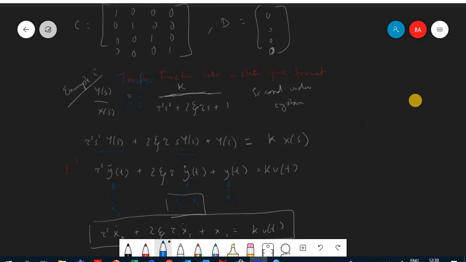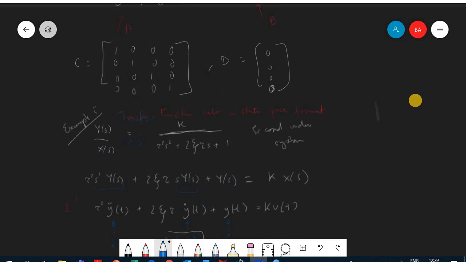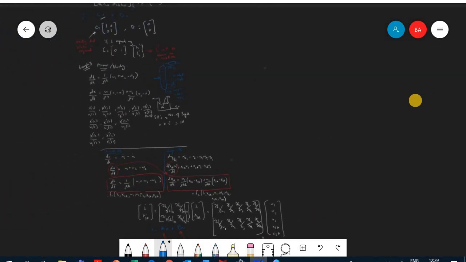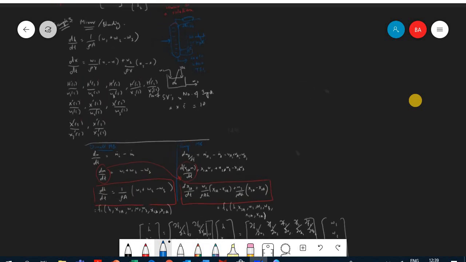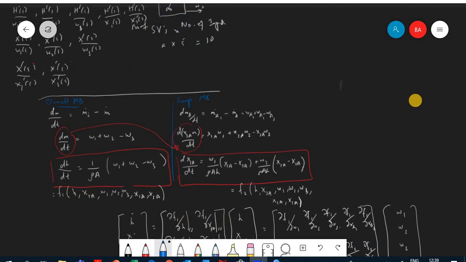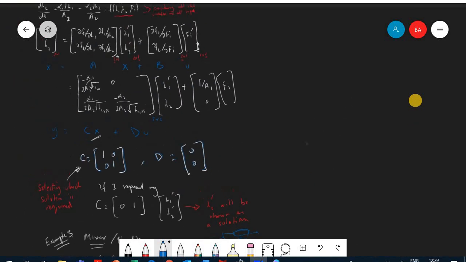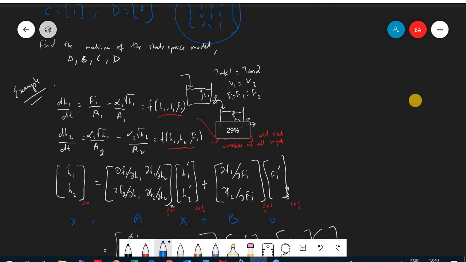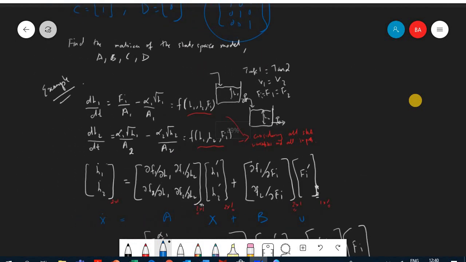So you need to know how to shift from one place to another. Other than that, you need to know how to find the A, B, C, and D matrices for the systems that we have represented, either for the mixer or for the tanks.